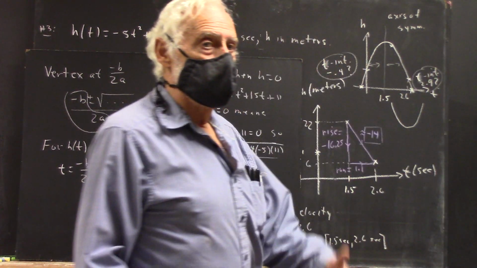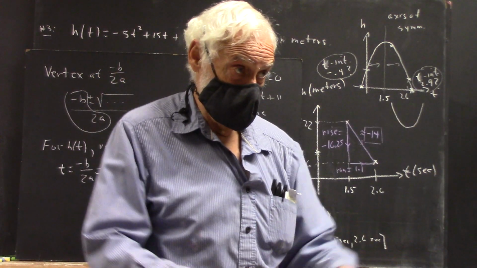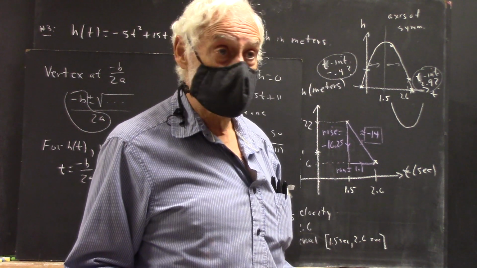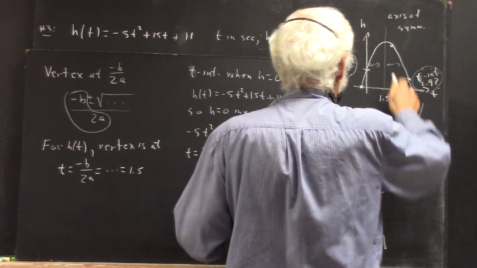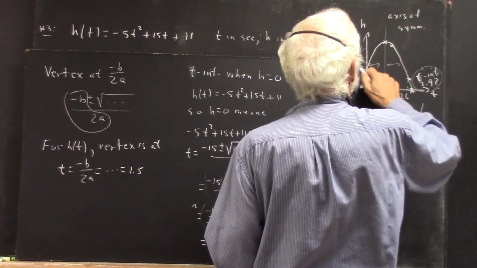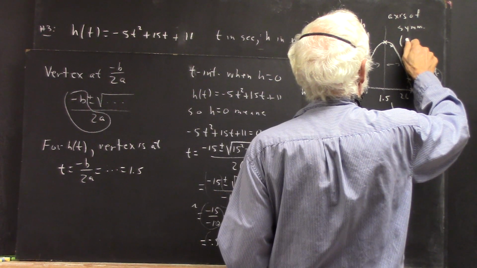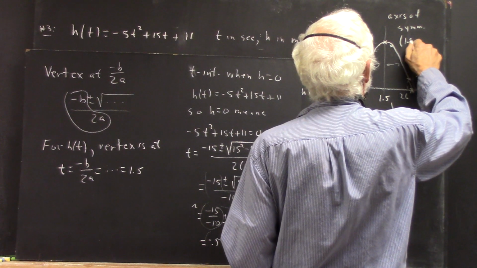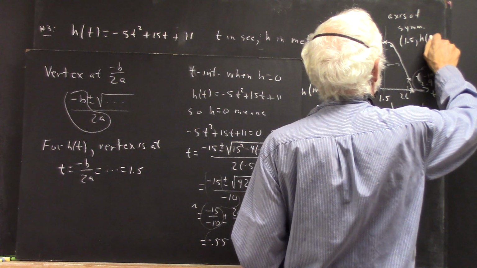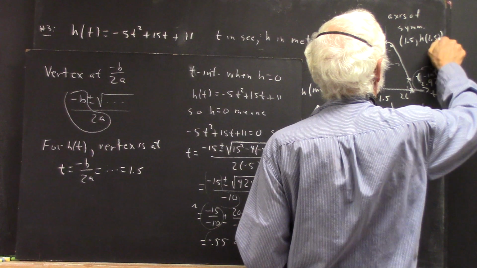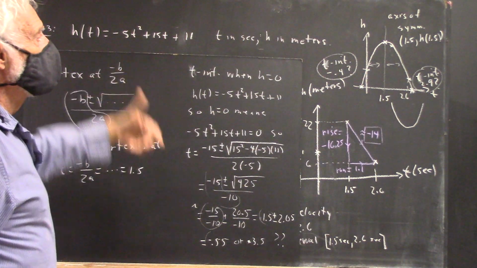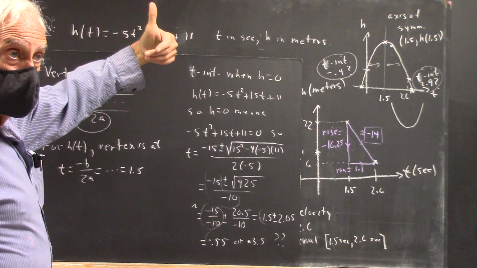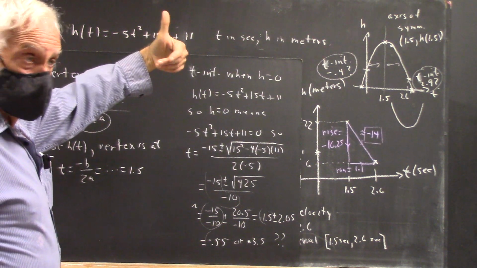It corresponds to the y-axis on your basic squared function. And to get the coordinate here, the coordinate here is h evaluated at 1.5, because of course you plug in the time into here to find out how high it is there. Okay? Now that's a big deal.